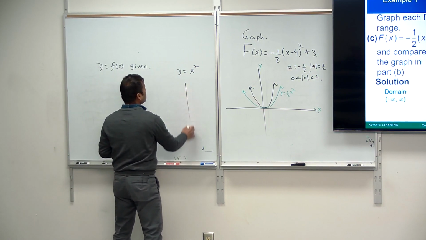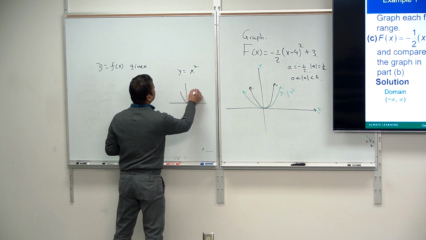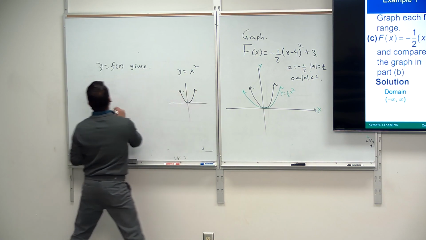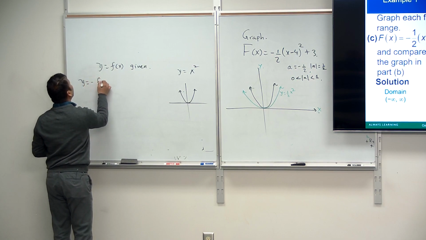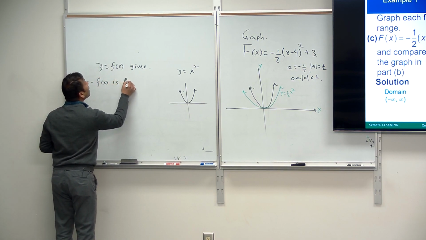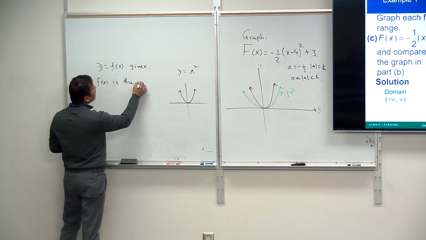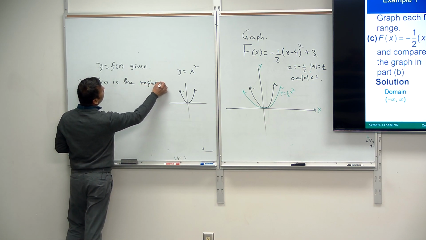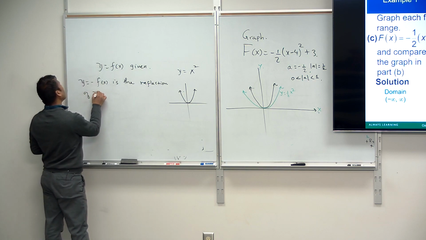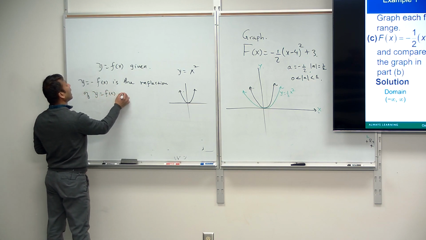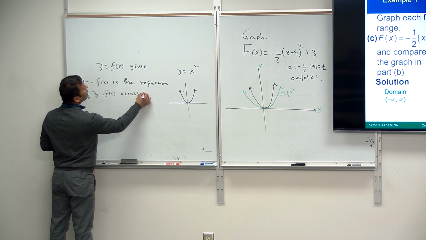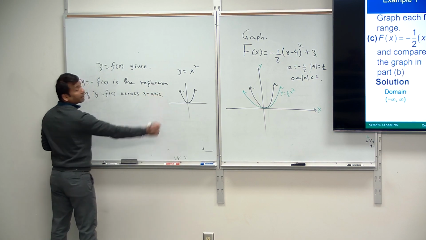This is given. Now the graph of y = -f(x) is the reflection of y = f(x) across the x-axis.